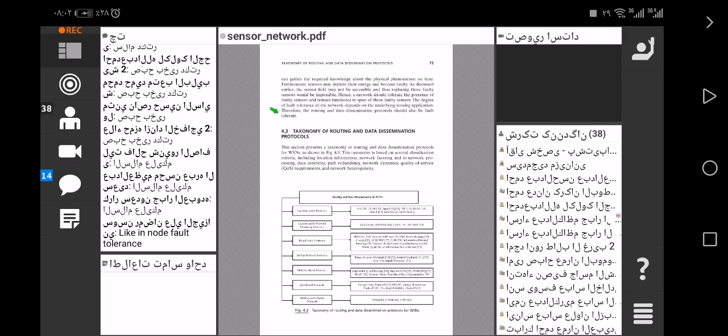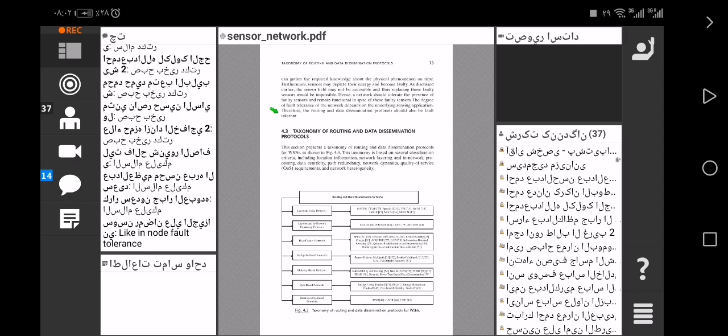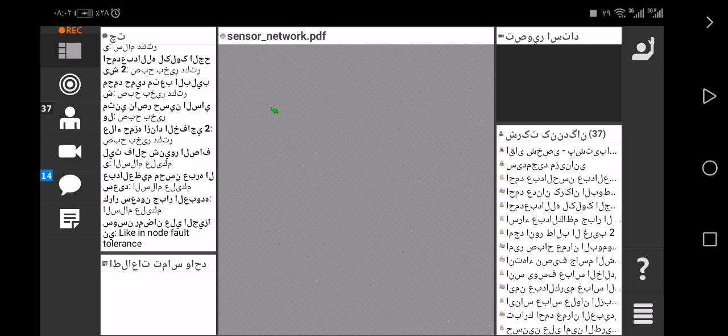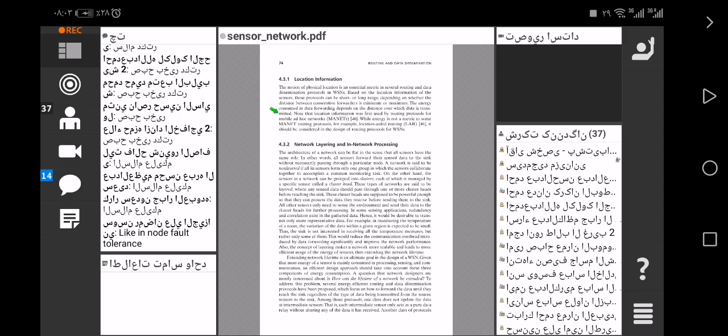Okay. Taxonomy of routing and data dissemination protocols. Here we are going to classify routing and data dissemination protocols, and we categorize them based on some criteria. The first criterion is location information. In some routing protocols, we need the accurate location or position of the nodes.